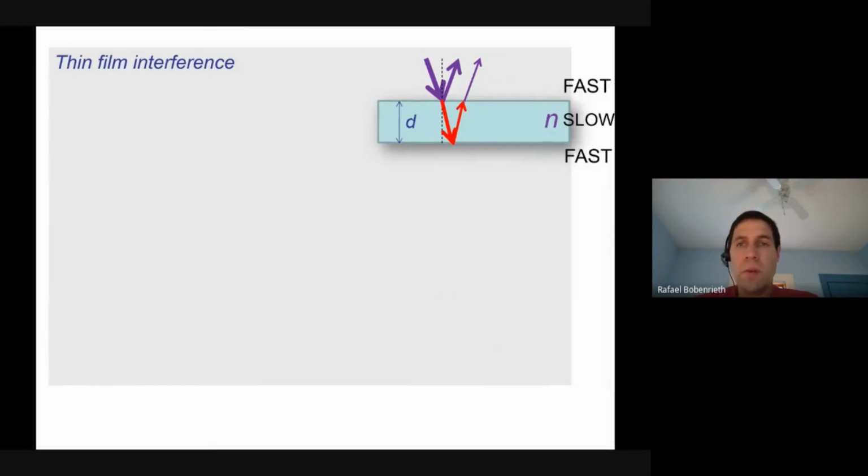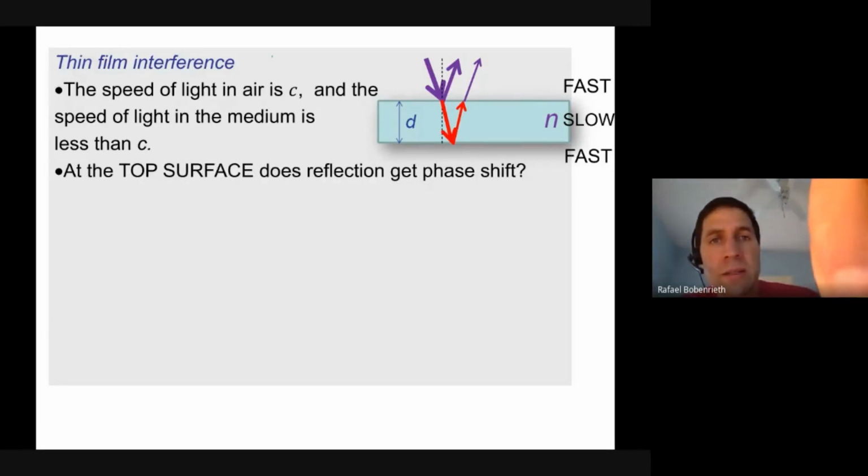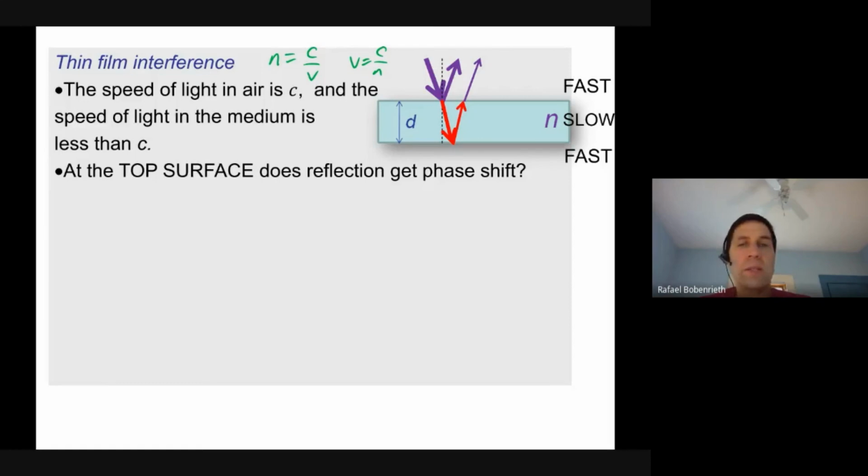Okay, so if you look here, the speed of light in air is pretty much close to the speed of light in a vacuum. And the speed of light in the medium, though, is going to be significantly slower. And we know how much slower it's going to be because, remember this relationship, n equals c over v, so v equals c over n. Index of refraction is what n is.